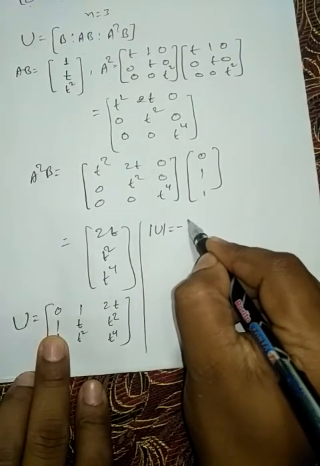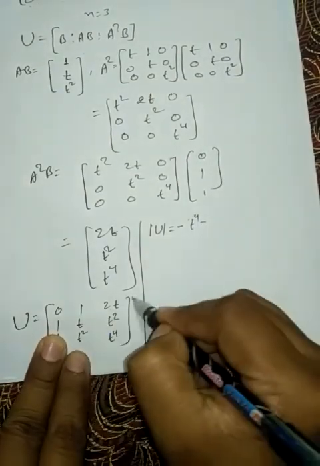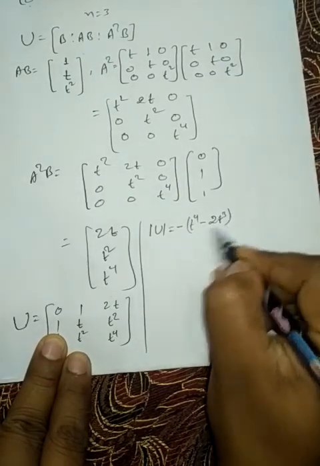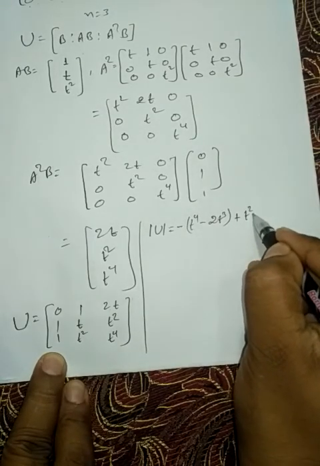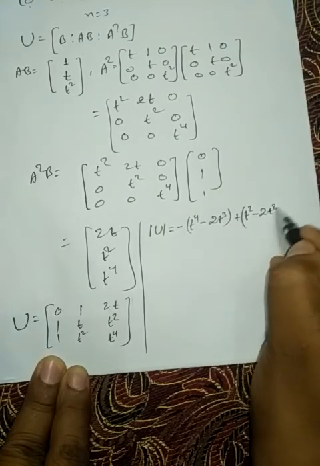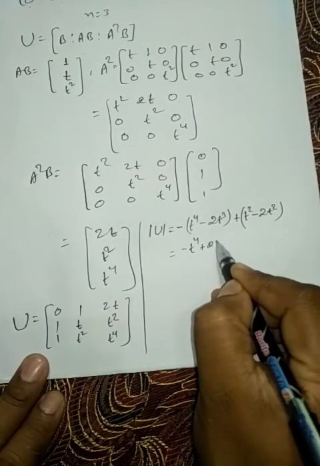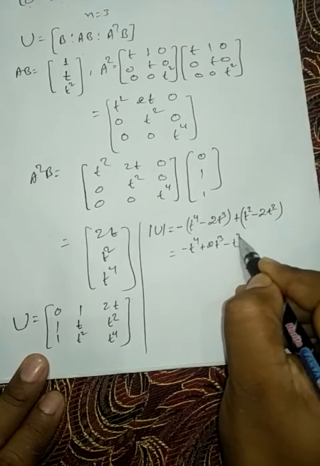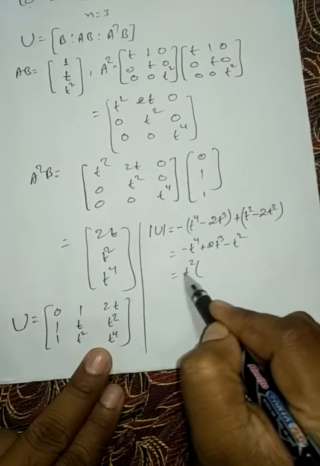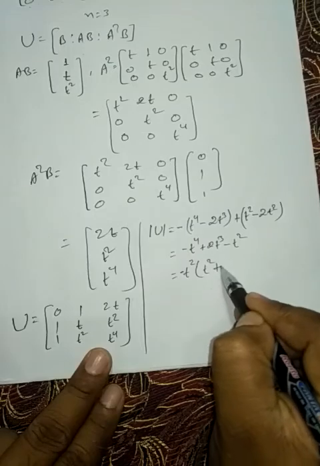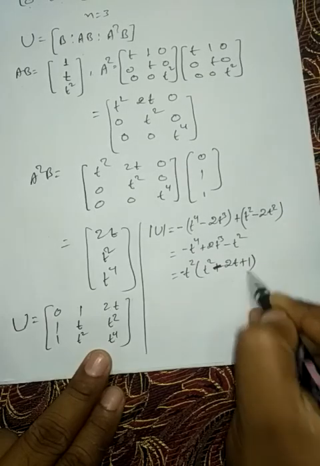It becomes minus t power 4 plus 2t cube minus t square, and after taking minus t square as common, we get t square minus 2t plus 1, right?